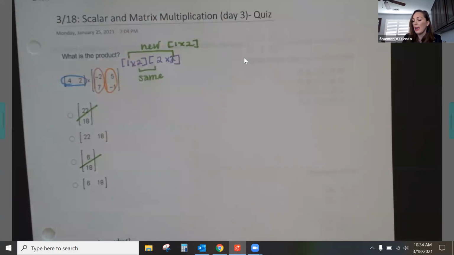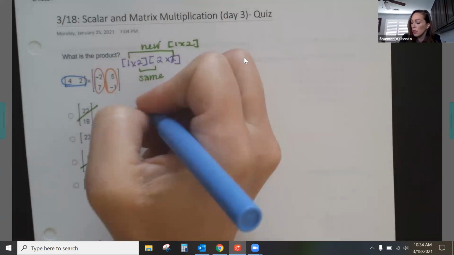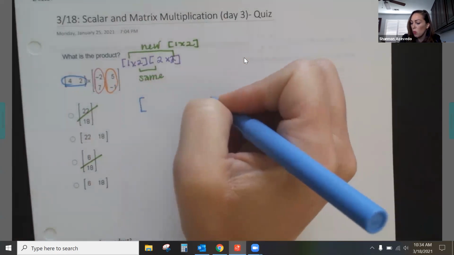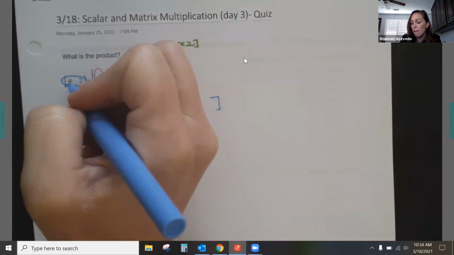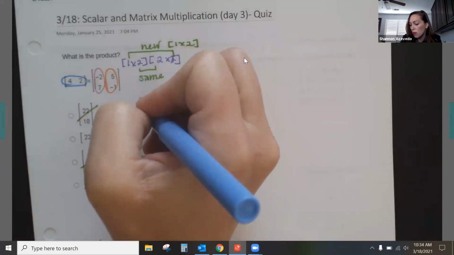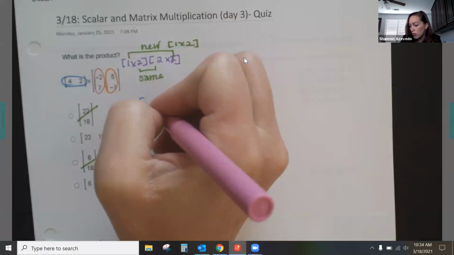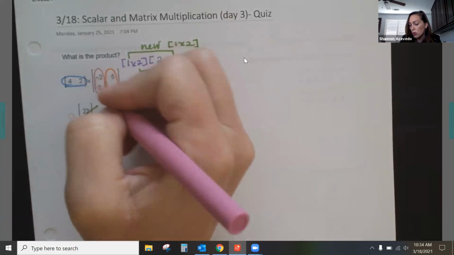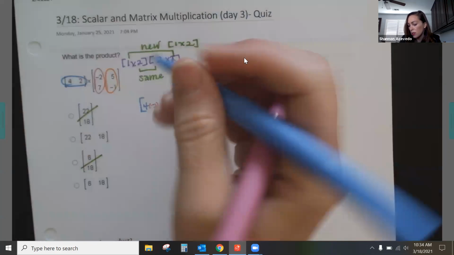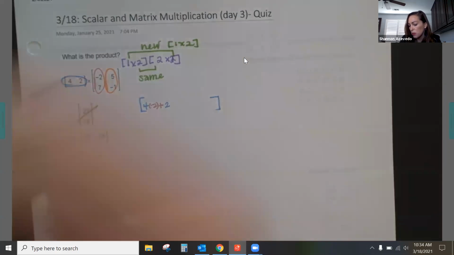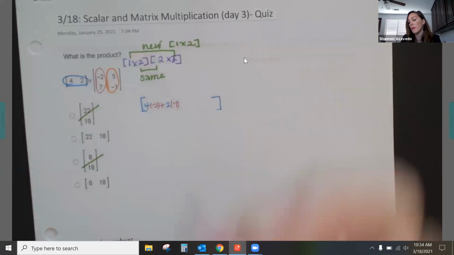I'm going to take my matrix. Again, I know it's going to be a 1 by 2. So this is going to be 4 times my negative 2, plus 2 times my 7. So there's my first term.